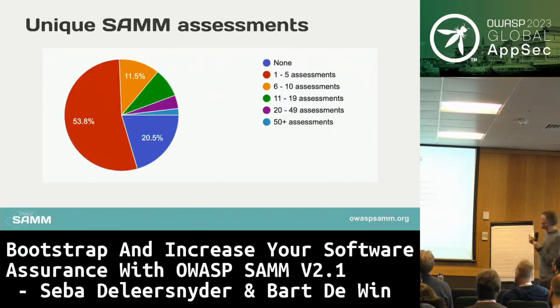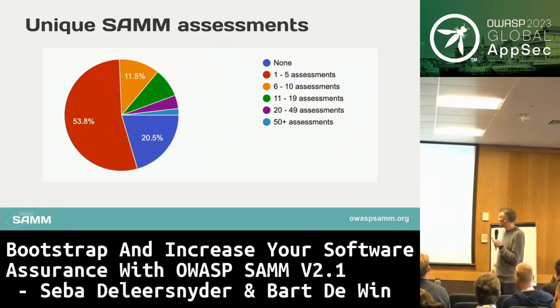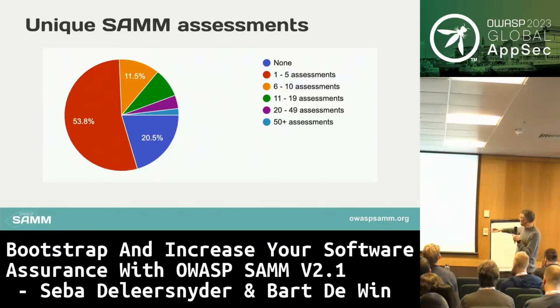So in terms of SAMM assessments that the respondents have been performing, the majority have been doing a few assessments, so 1 to 5. It might be once every year, maybe only one, we don't know. There are definitely also the targets who have probably never done an assessment.